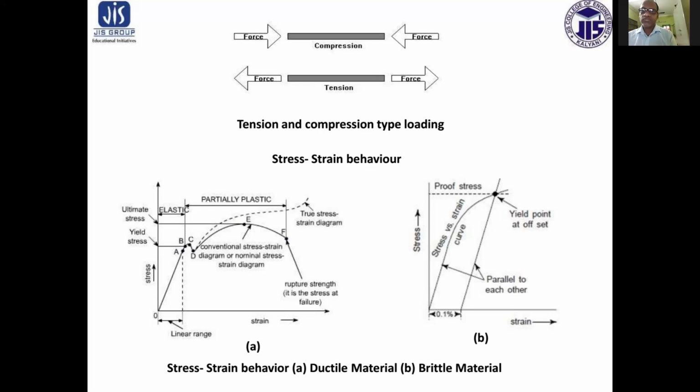If the load is removed at this point, the material will spring back to its original position. That is due to the elasticity of the material, and up to the elastic limit the material can retain its elasticity.